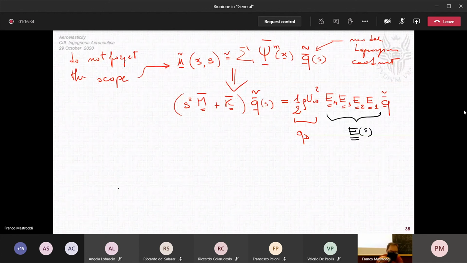At the moment, we have studied this partial operator.